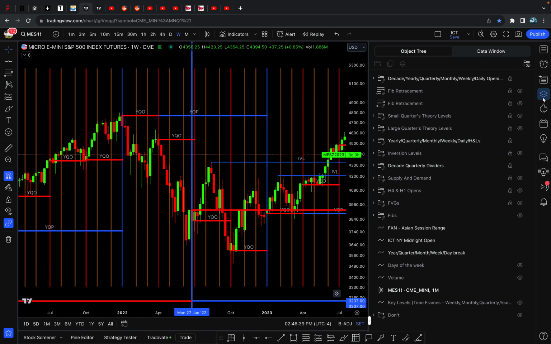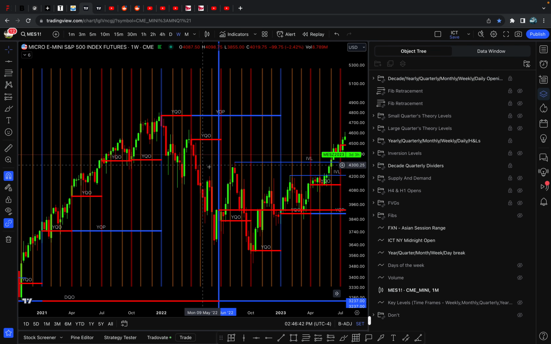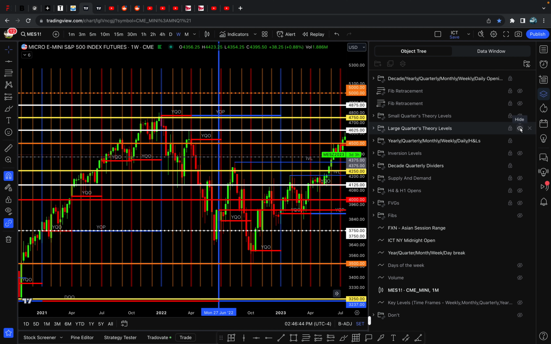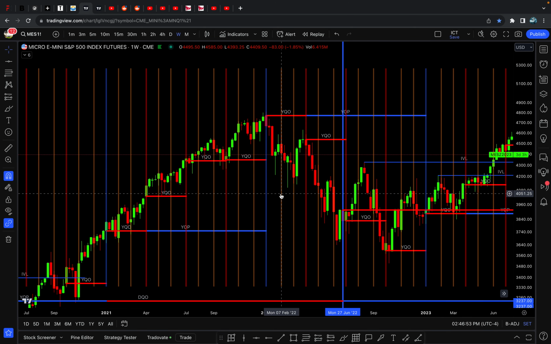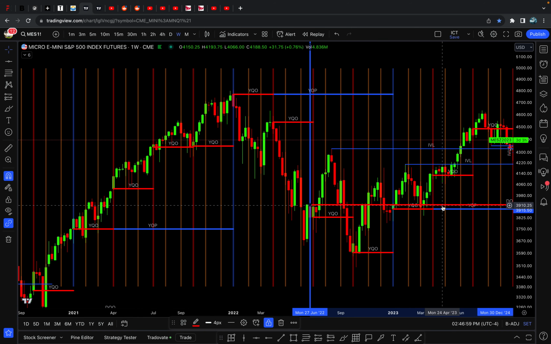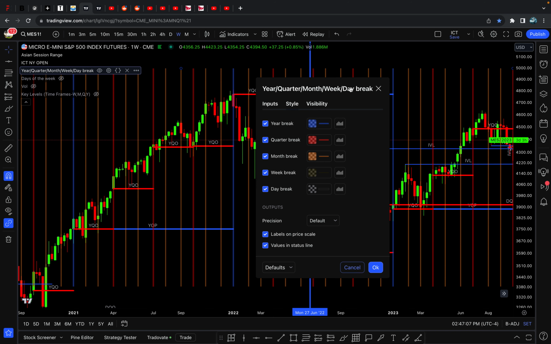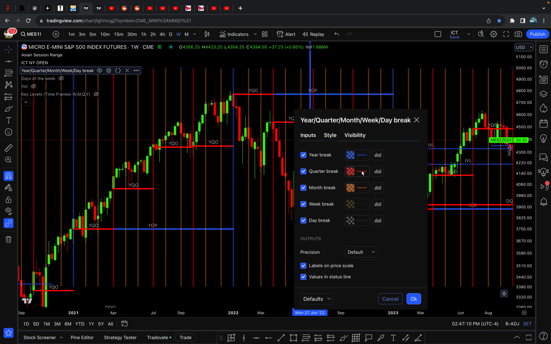So the reason why that happened is because that 45,000 level there got rejected. Keep in mind, we're on the weekly chart. So this little thing here, you have your blue, which is your yearly, your red, which is your quarterly, so your yearly, quarterly dividers, and then your orange is your monthly dividers.